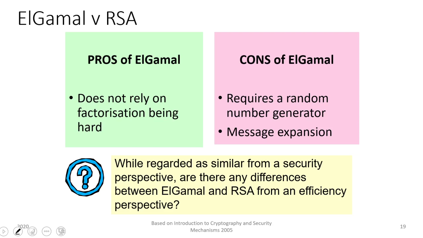And as you know, random number generators can be a problematic thing in systems, and it also requires message expansion. This is also something you can look up a bit more, and I will also share some interesting materials along with this lesson for your benefit.